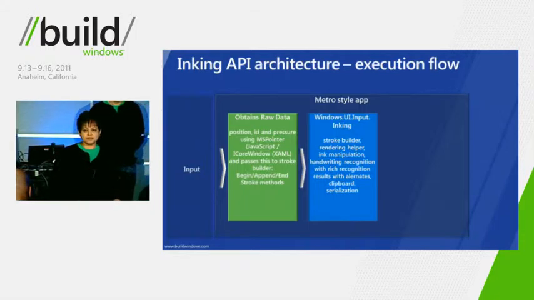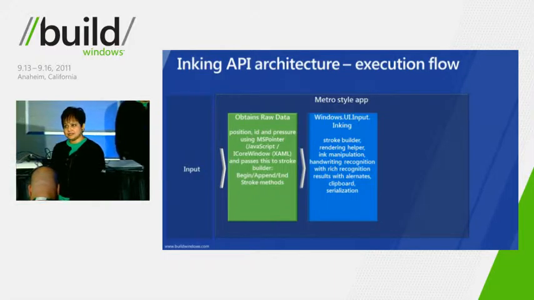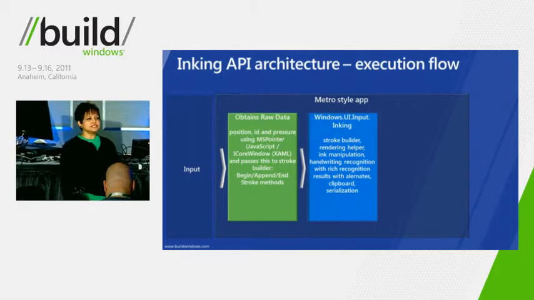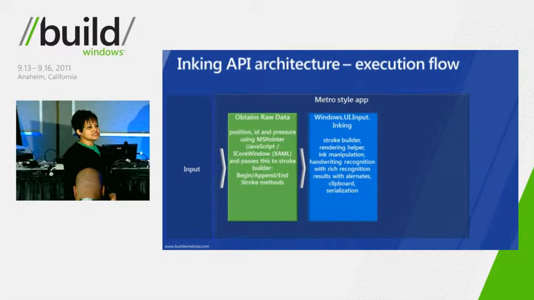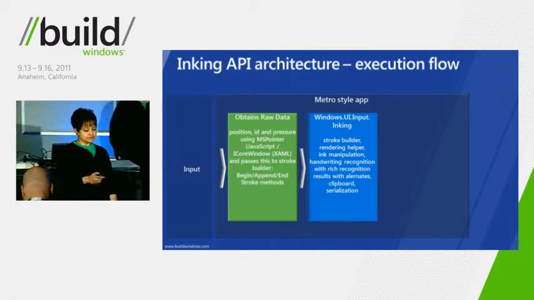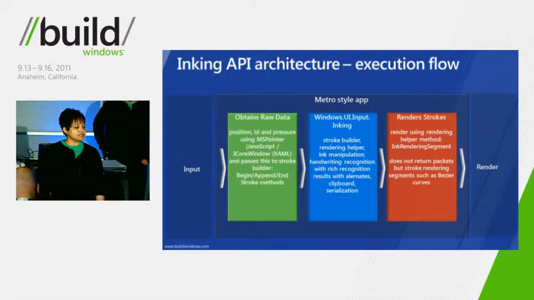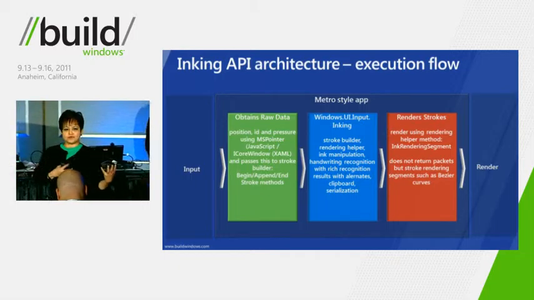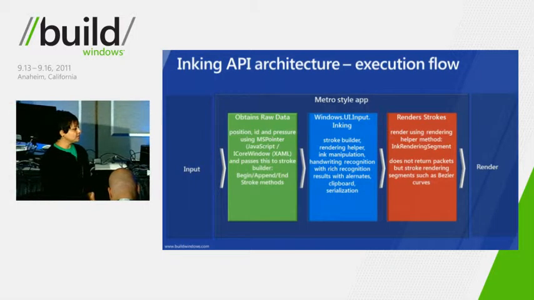Again, showed you some rich recognition results. Clipboard functionality is there, so you can copy, paste, cut, and also serialization. So when you are saving, the save is a GIF file with the ISF format. And then it goes and renders. So this is just a view of what I showed you in how inking works.